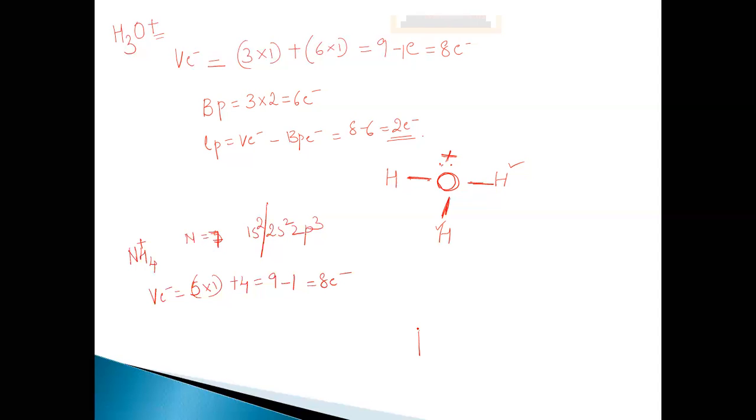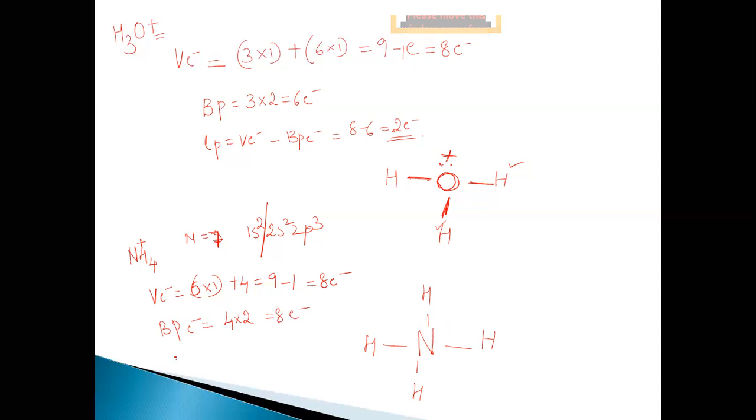Now nitrogen is the central atom, with hydrogens on the 4 sides. We can put them, and now put single bonds between all of them. The bonding pairs of electrons are 4 bonds into 2 electrons, 1, 2, 3, and 4, so 8 electrons.